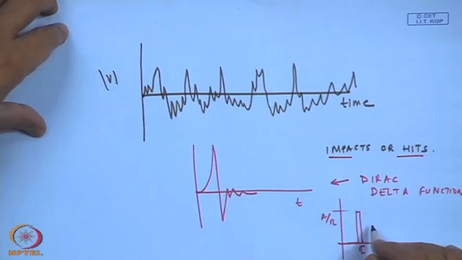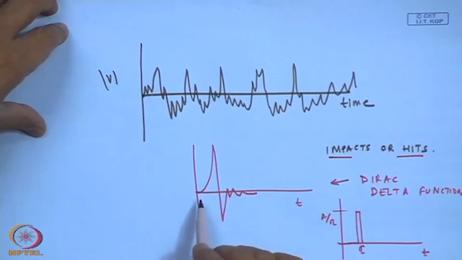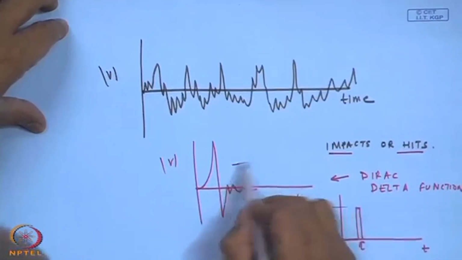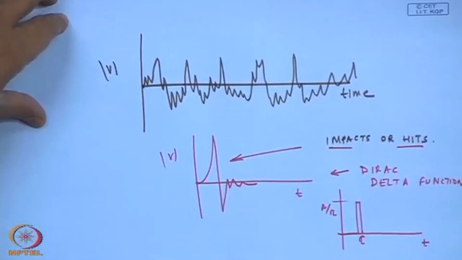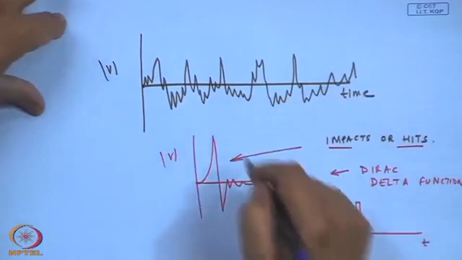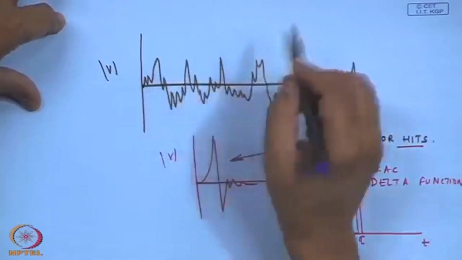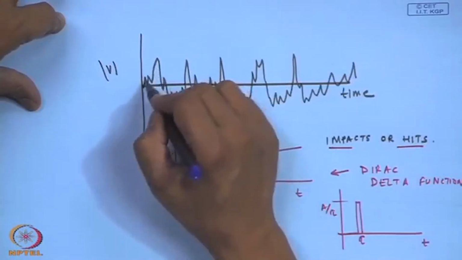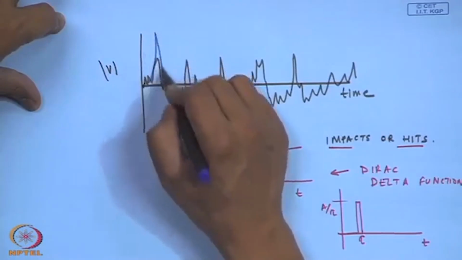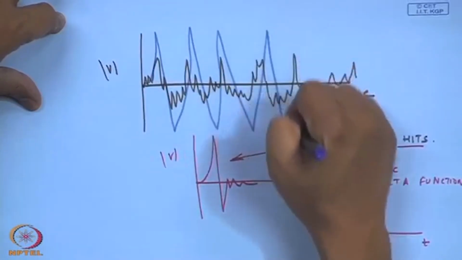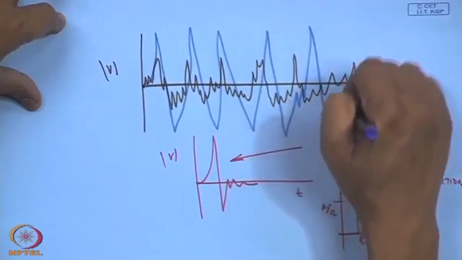And this is the mathematical representation of an impact, but this is what the real world signal looks like because of an impact. And imagine such impacts occurring on the time signal because of a looseness. So, what would happen is these amplitudes would blow up, and so on.